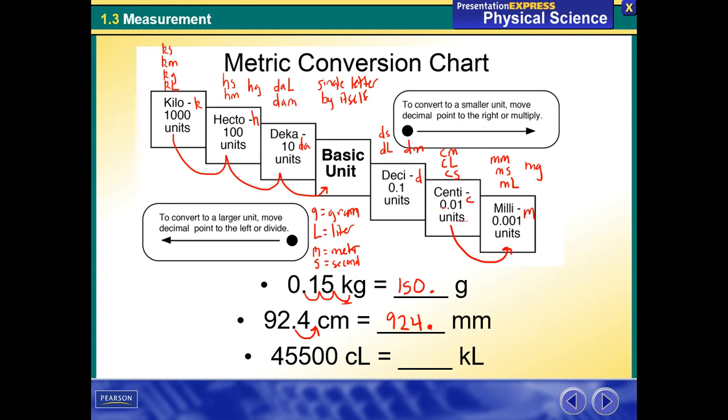So here, if I'm at centi and I want to go to kilo, notice I'm going backwards. I'm going to the left now. And let's count. 1, 2, 3, 4, 5 spots to the left. So if my decimal's here, 1, 2, 3, 4, 5 spots to the left. My new decimal, 45500.